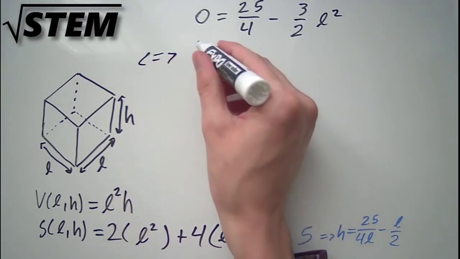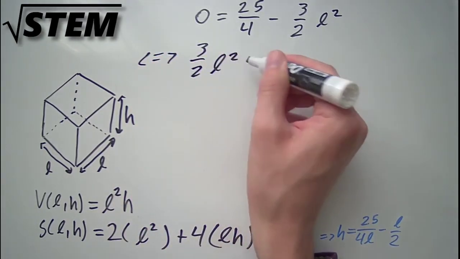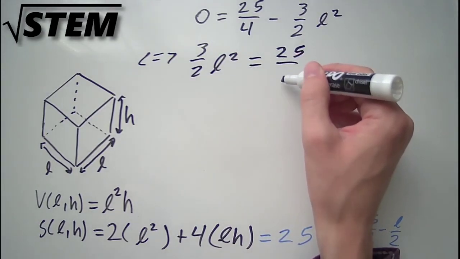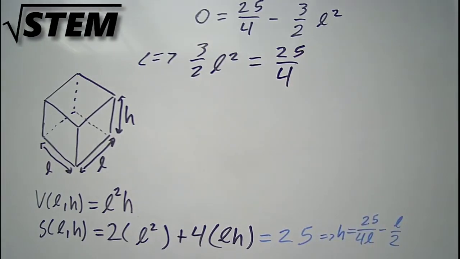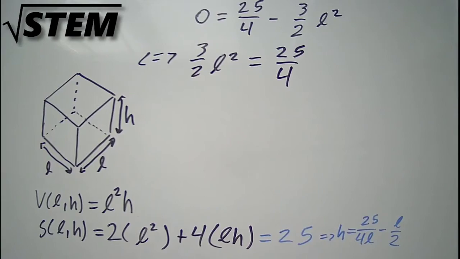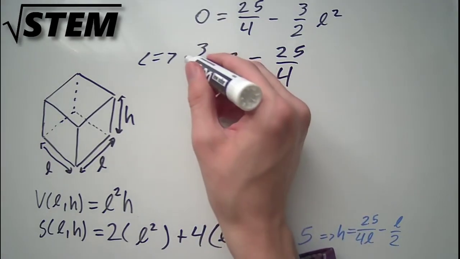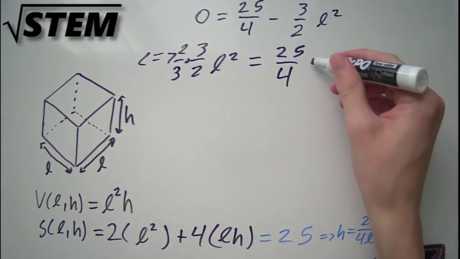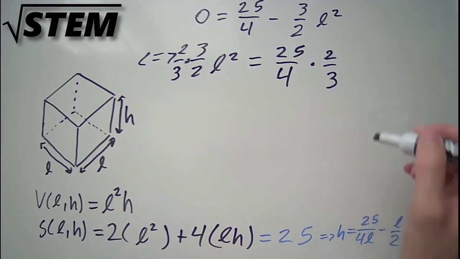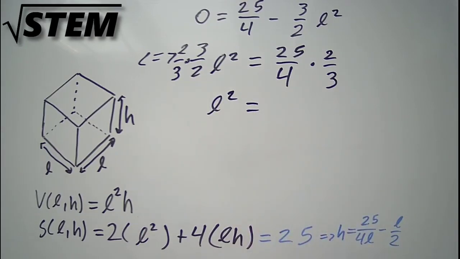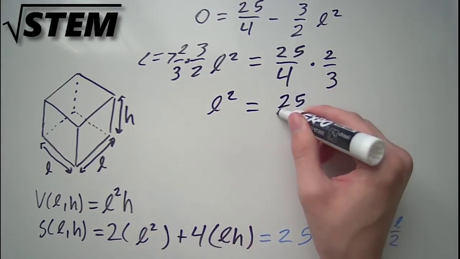If we add 3/2 L squared to both sides, we'll find that 3/2 L squared equals 25 over 4. To undo this fraction multiplying the L squared, we can multiply by the reciprocal, 2 over 3, on both sides, to get that L squared equals these two fractions multiplied together.